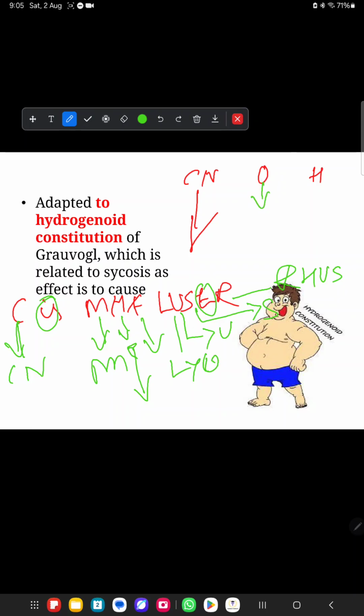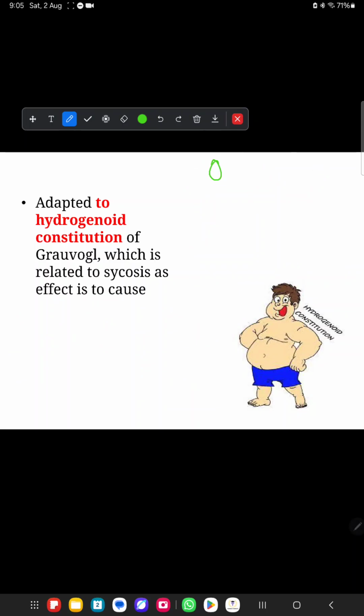And under the oxygenoid constitution, what are the medicines? Can anyone tell? Just try to remember. Phosphorus, yes. There are six medicines mainly.